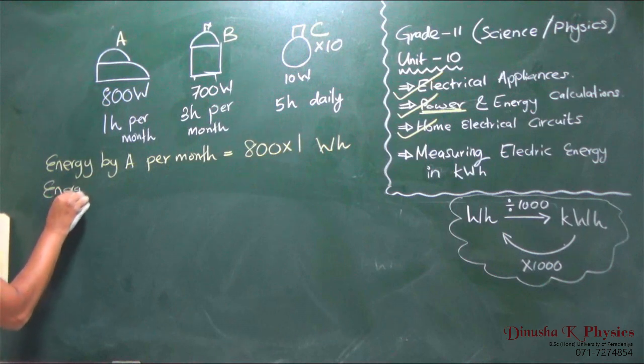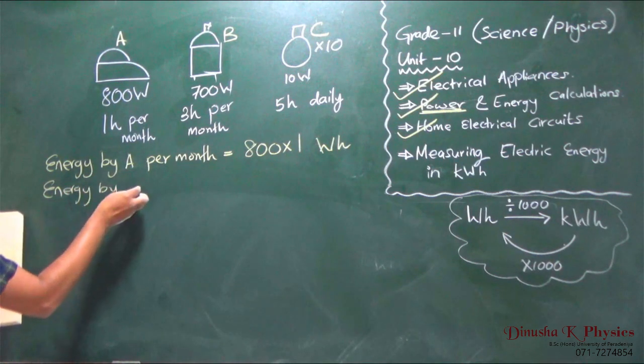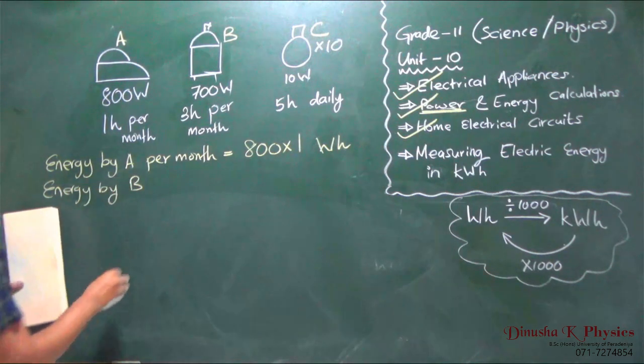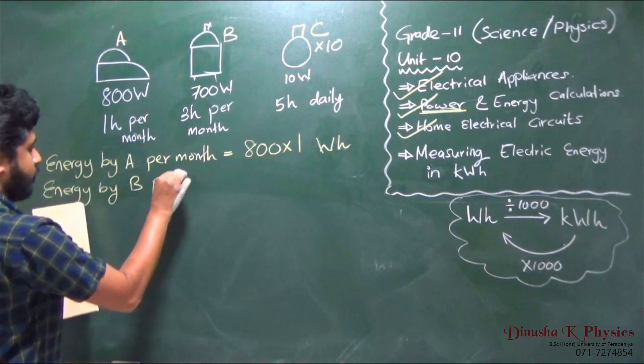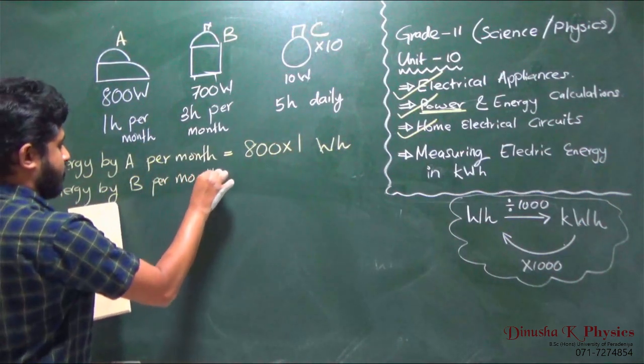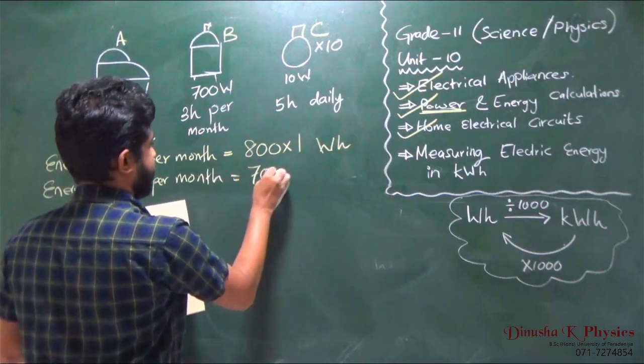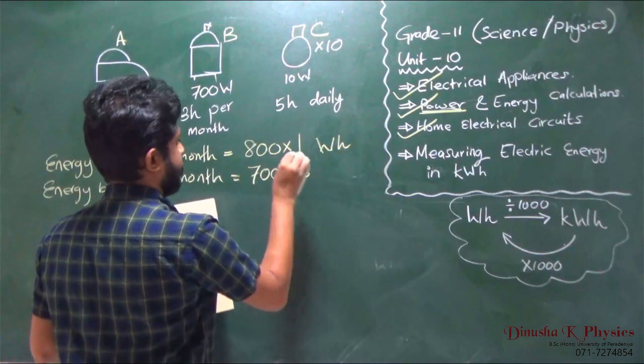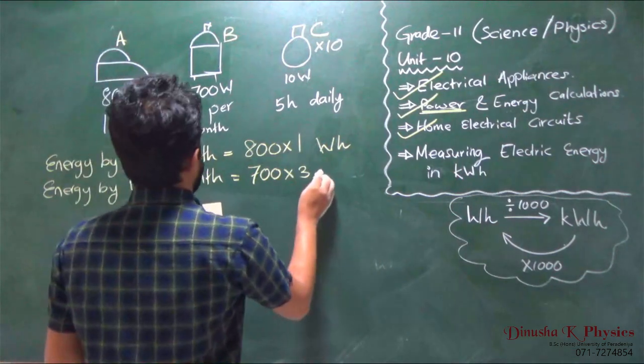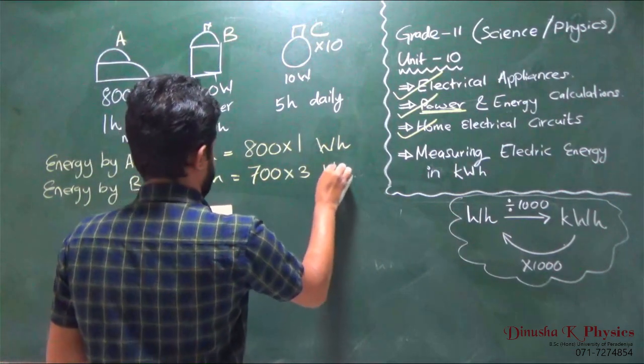Energy by appliance B per month: it will be 700 into 3 watt hours.